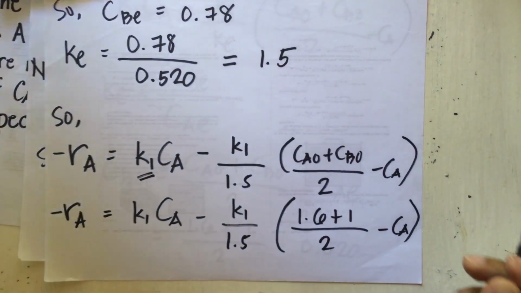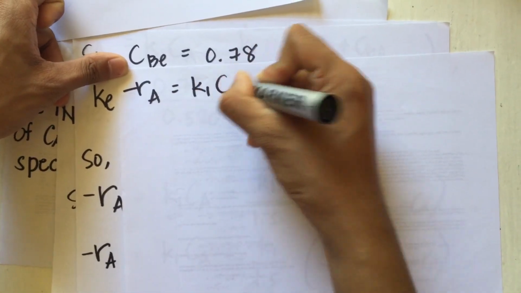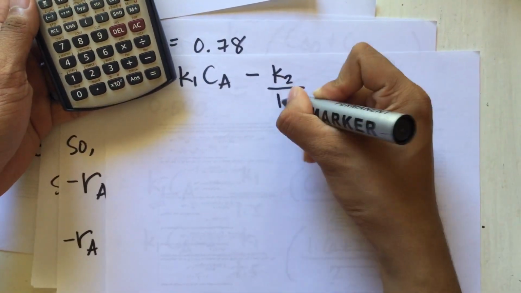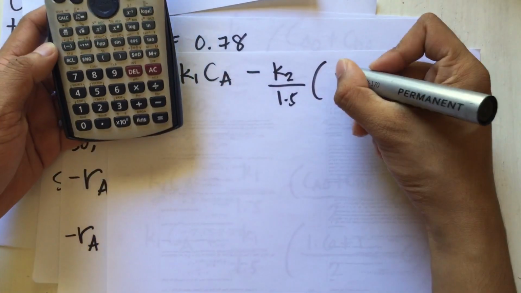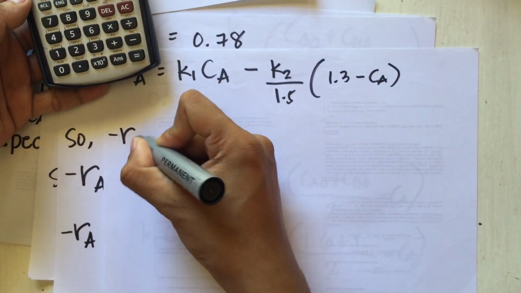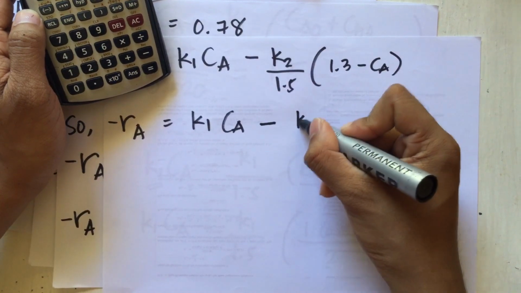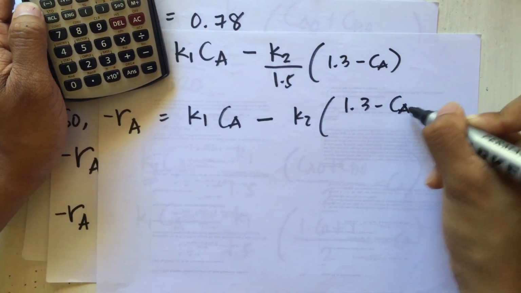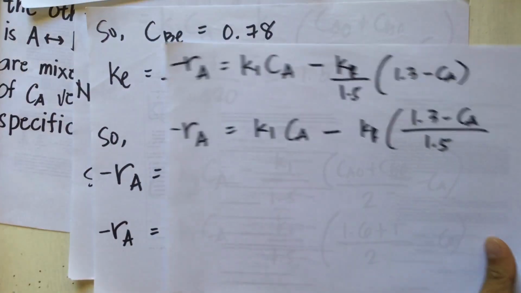So we have negative RA equal to K1 CA minus K2 over 1.5 times 1.6 plus 1 divided by 2, we have 1.3 minus CA. Negative RA is equal to K1 CA minus K2 times 1.3 CA over 1.5. I mean K1. This is K1, guys. I'm so sorry. K1.